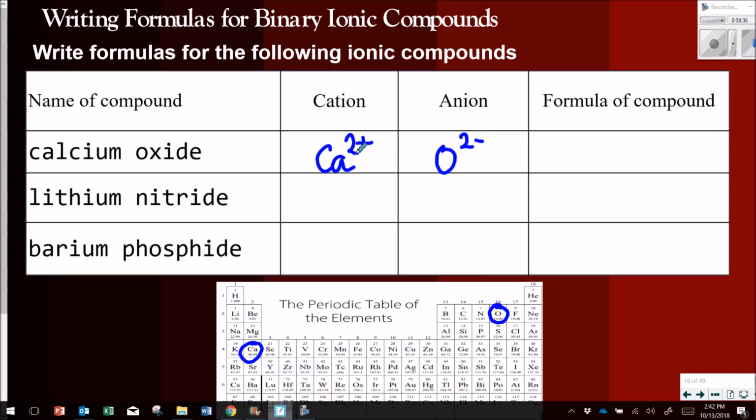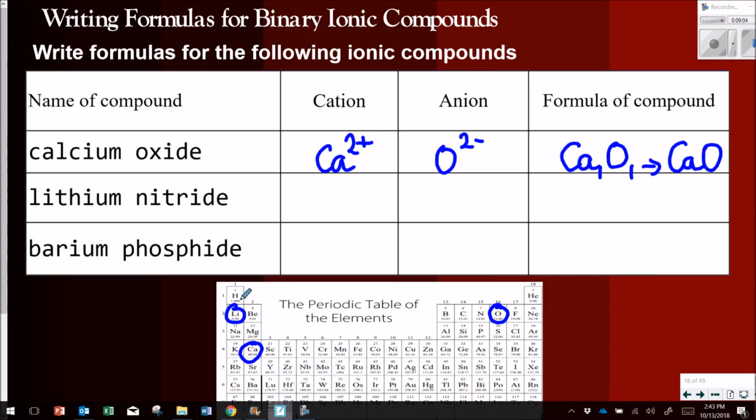So since I have a +2 and a -2, they balance each other out. So for every 1 calcium, I need 1 oxide ion. And here's my formula. Again, the 1s are understood, so I don't write Ca1O1, but I write CaO as my final formula. The next one is lithium nitride.